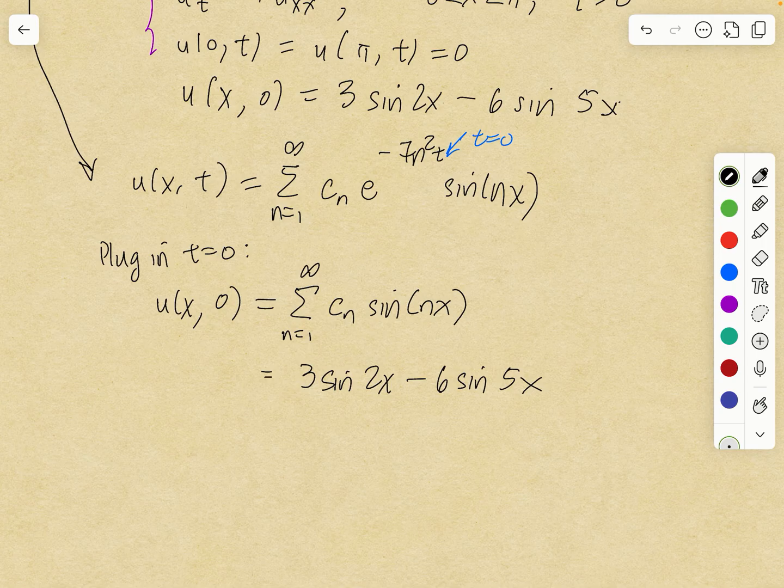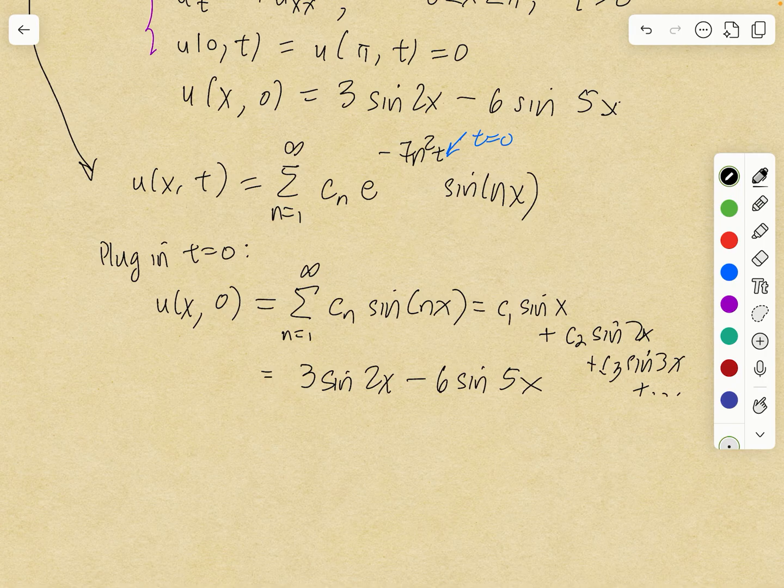So this infinite expansion, let's make sure we understand what it means. It means you have an infinite sum, and the sum ranges over all n's. So you're going to get c1 sine 1x, so that's sine x, plus c2 sine 2x, plus c3 sine 3x, and so on, right?